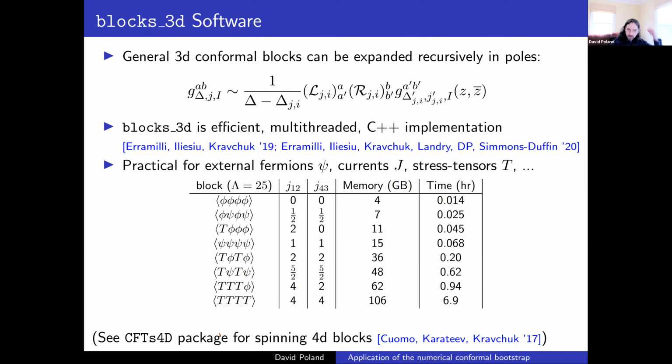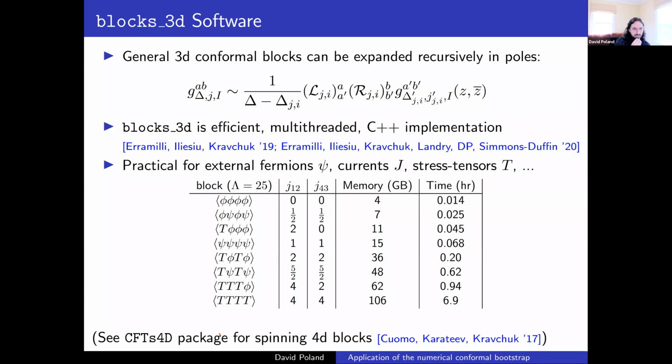One of the big challenges when you have spinning operators is that there are multiple tensor structures in the 4-point function, and multiple tensor structures in the 3-point functions. You have to understand how to combine two 3-point structures to produce each 4-point structure. There's a concrete set of recursion relations, which take the form of a pole expansion, that you can use to compute the conformal blocks for arbitrary tensor structures. So now we have this nice piece of software for computing those blocks in 3 dimensions.